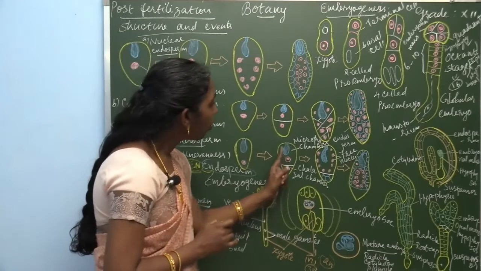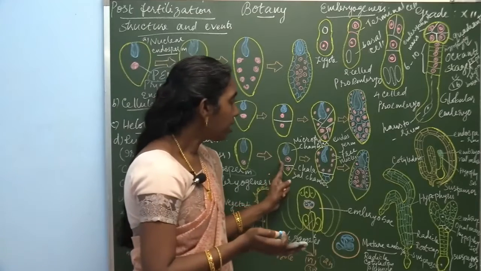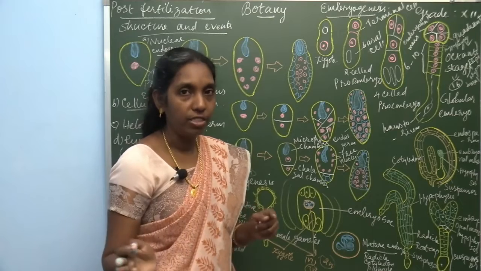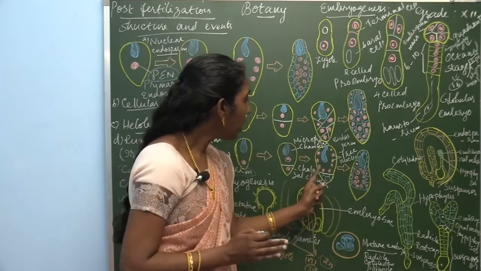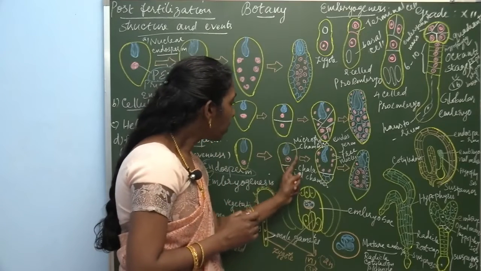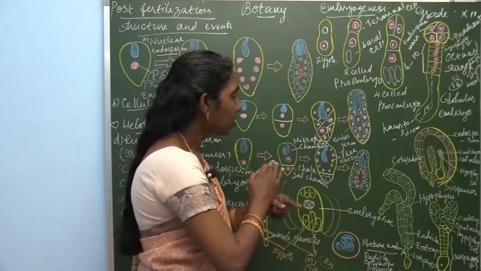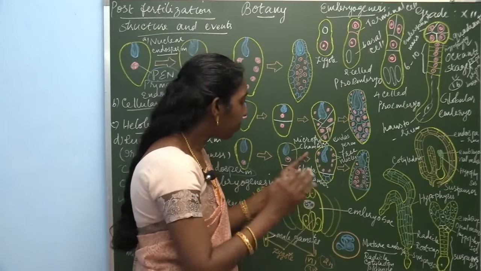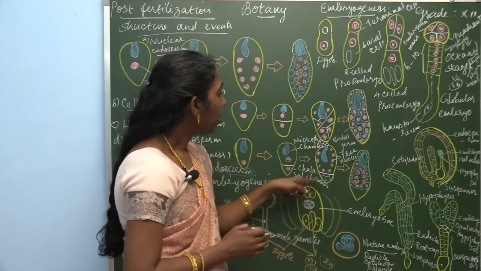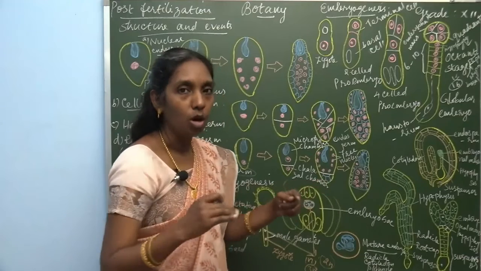Now the nucleus in the micropylar chamber undergoes free nuclear division without wall formation. It divides freely as free nuclei. The chalazal chamber, however, forms with a wall layer.